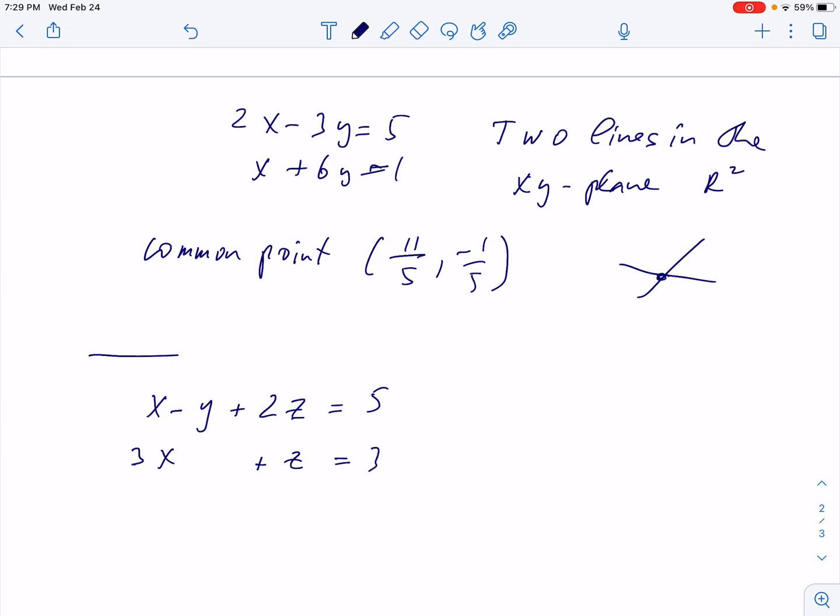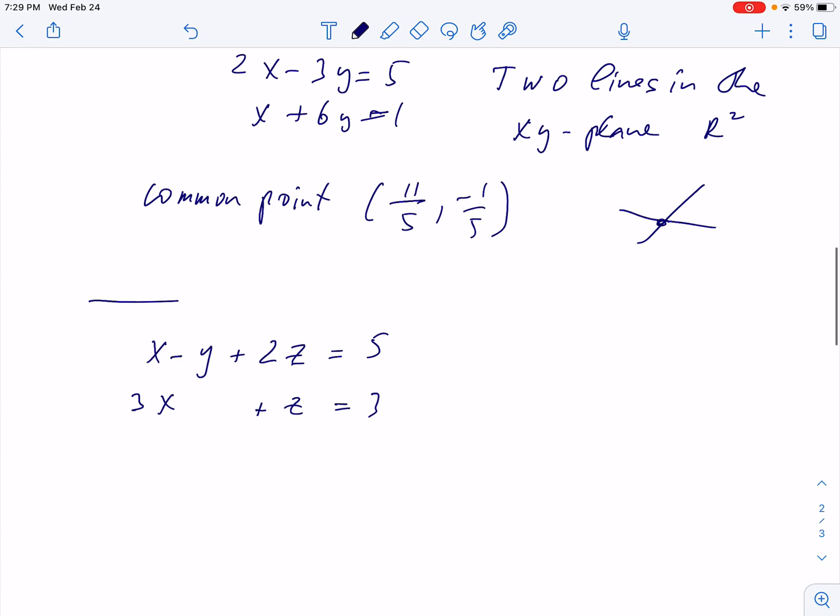Instead of writing 0 times y, I prefer to do it this way. It's good to have one column for x, one column for y, one column for z. And the last equation will be negative 2x plus 2y plus 3z equals 0.